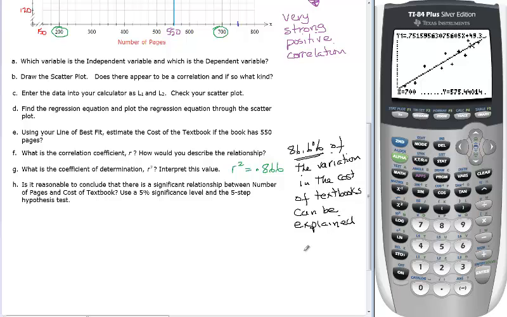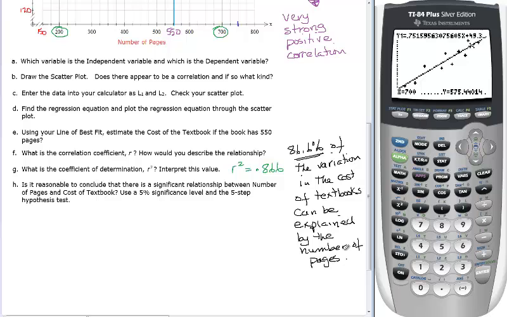So 86.6% of the variation in the cost of textbooks can be explained by the number of pages. That's basically what it means, or the change in number of pages. That's what a coefficient of determination is.